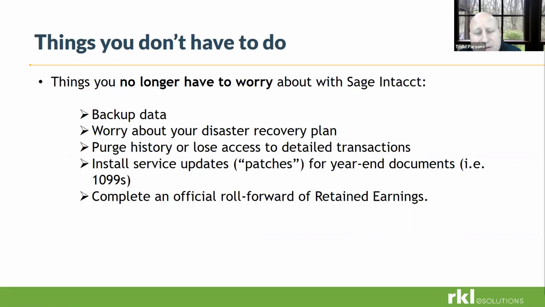Again, with Sage Intacct, those are done on a quarterly basis. And as you probably well know, the Q4 update has just come out the other week. And you don't have to do any year-end document preparation. You don't have to complete an official roll forward for your retained earnings. That happens seamlessly behind the scenes.